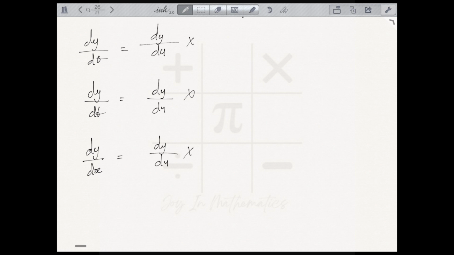What is it being multiplied with? In the case of theta, it is being multiplied by du/dtheta. In the case of t, it is being multiplied by du/dt. And in the case of x, it is being multiplied by du/dx.